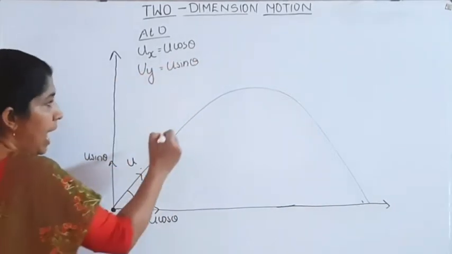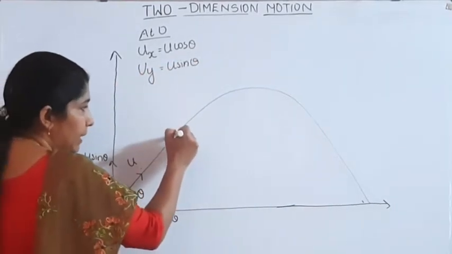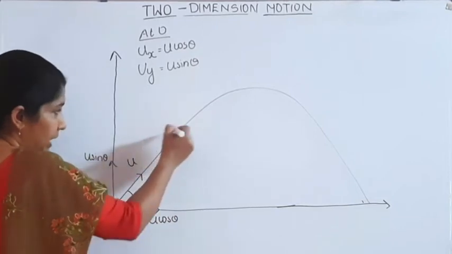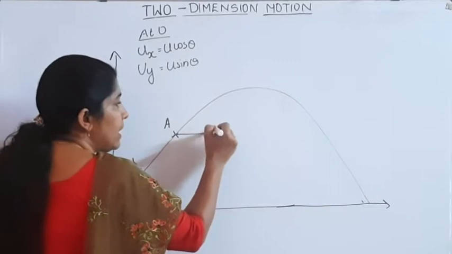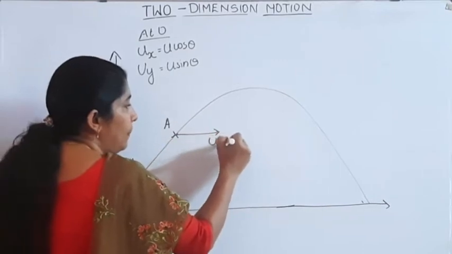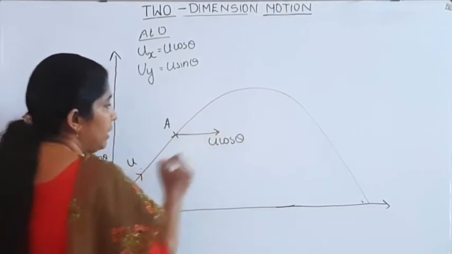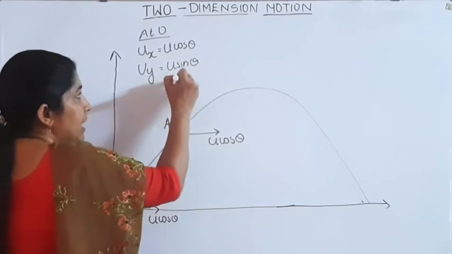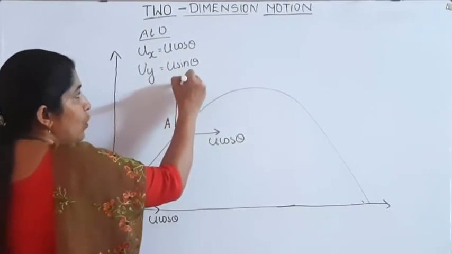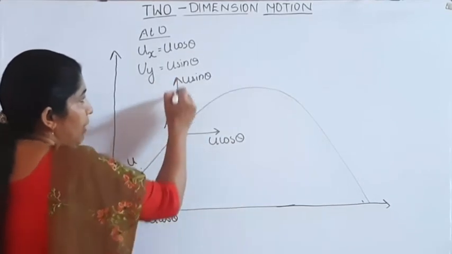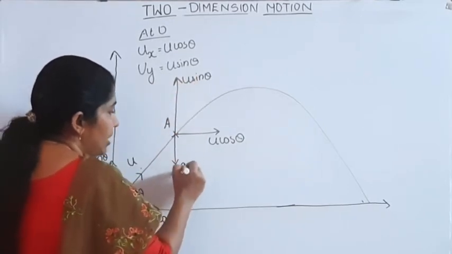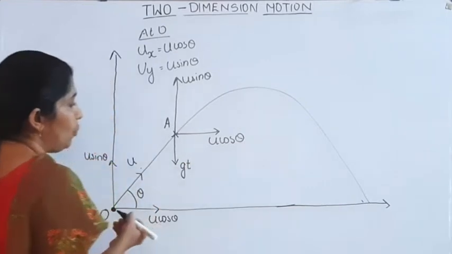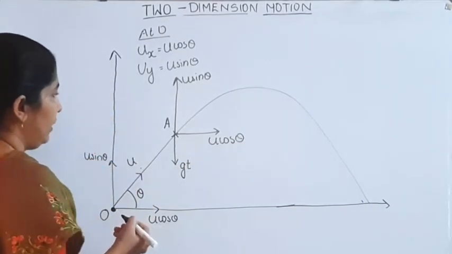After a particular time, when the projectile is at the point A, the horizontal velocity is equal to u cos theta. And what about the vertical velocity? The projectile moves under the influence of gravity, so the vertical velocity is u sin theta minus gt. gt is the gravity component which is acting downward.